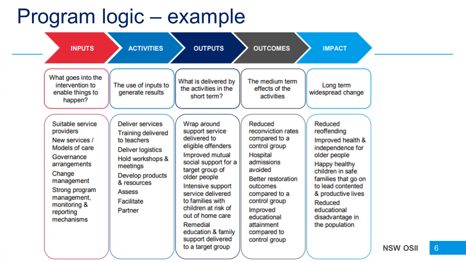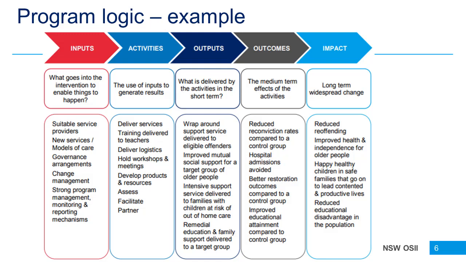Here is an example program logic which is taken from our technical guide to outcomes measurement, which you can find on the OC website. You can see that it takes you through from the beginning of your thinking of a service or a program from inputs through to the long-term sustainable impacts that your program is designed to deliver.